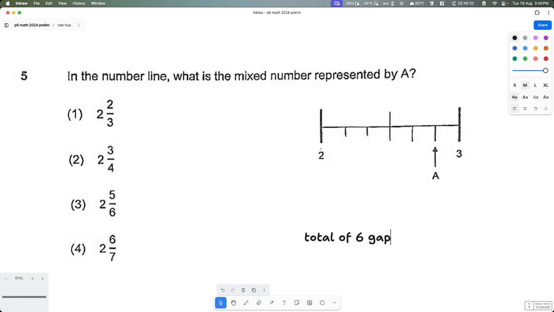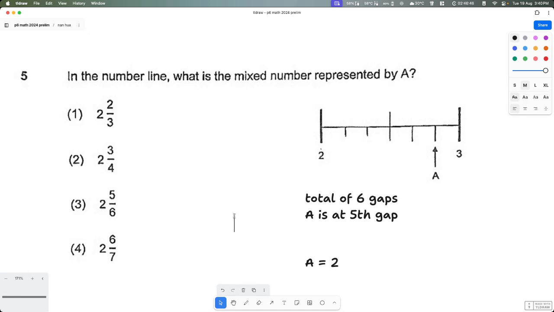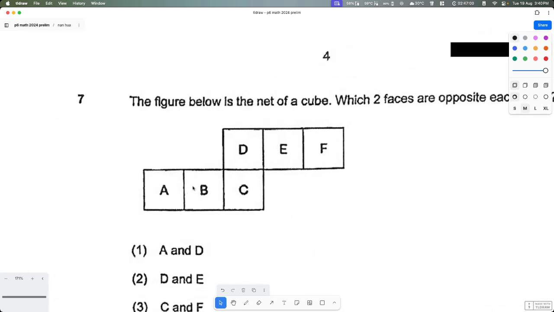And A is at the fifth gap. So that means A is equal to 2 and 5 out of 6. There you go. So the answer to this is 2 and 5 out of 6, which is option number 3 again. All right, let's move on to question number 6.